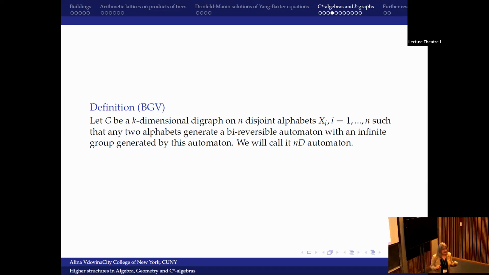And again, probably my last remark: why is it not completely easy to get the groups defined by automata?